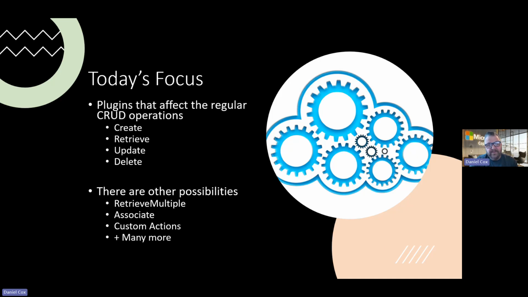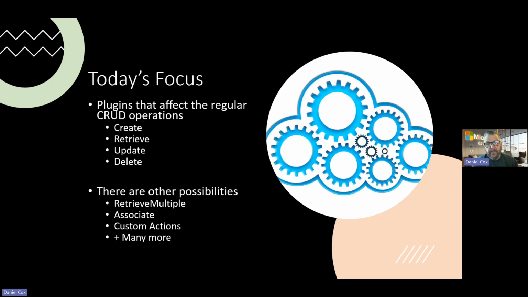Now there are other possibilities that you should be aware of out there. There are lots of different messages that go back and forth between the Dataverse API and your application. For example, retrieve multiple. If you're not just trying to get a single record, but you want to get multiple records and you want to, let's say, have some filtering and some query expressions built out around that, that's certainly a capability.